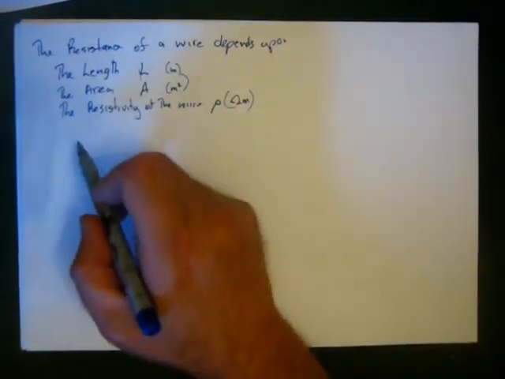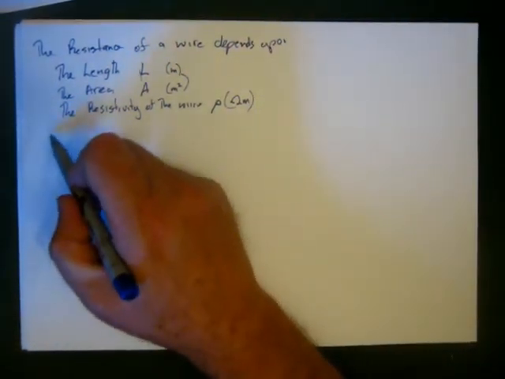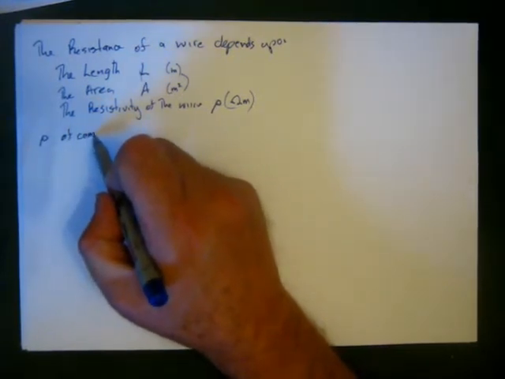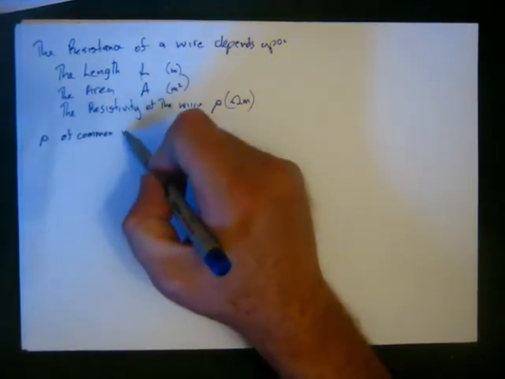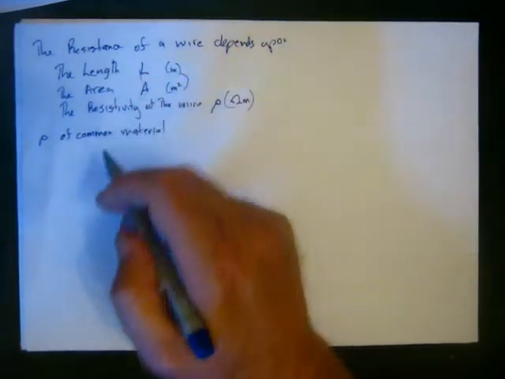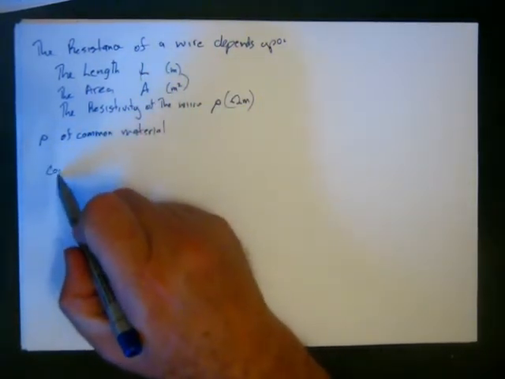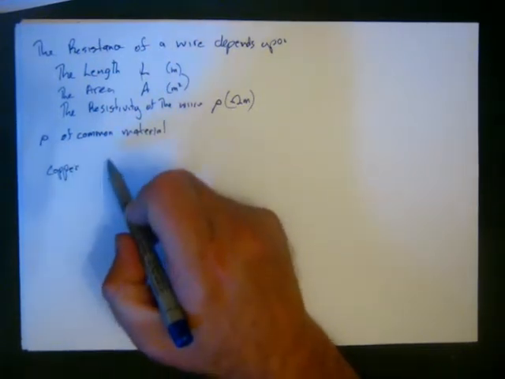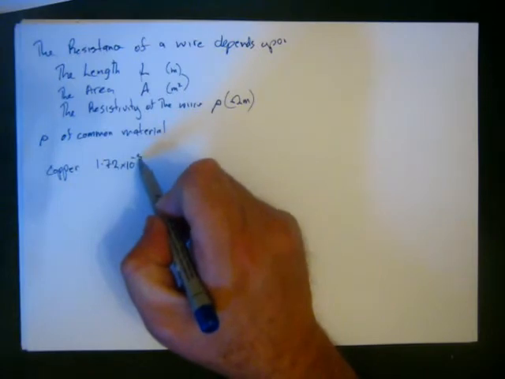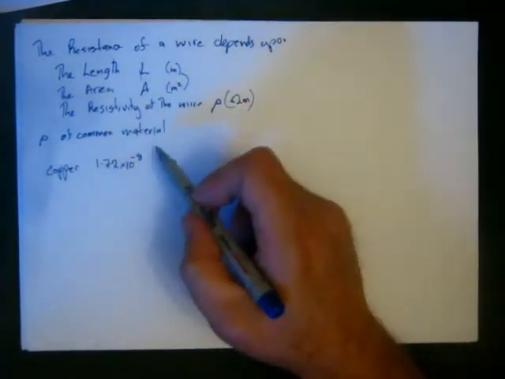Yeah. So now let's try a couple of things. What's the resistivity of common materials? Well, most wire is made out of copper. Copper is 1.72 times 10 to the negative 8 ohm meters.